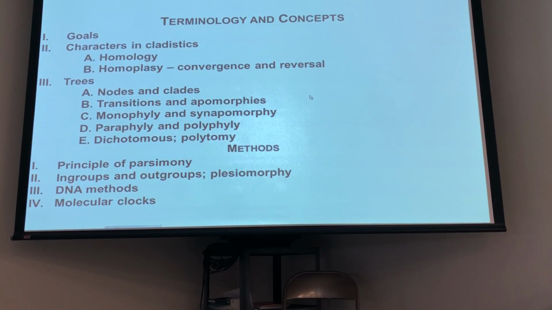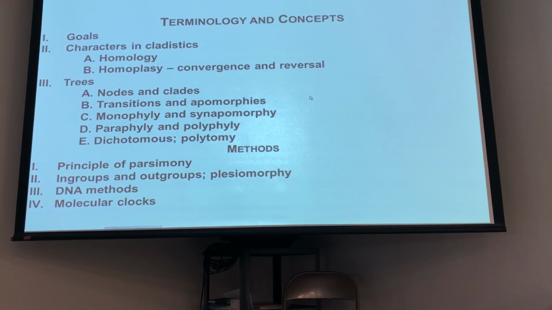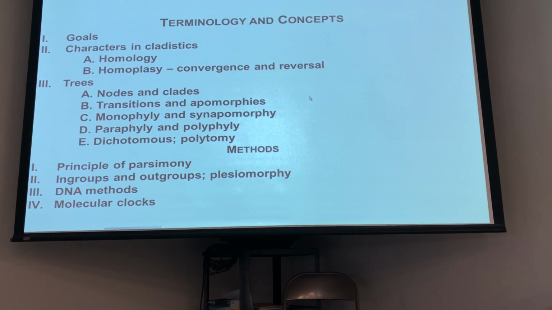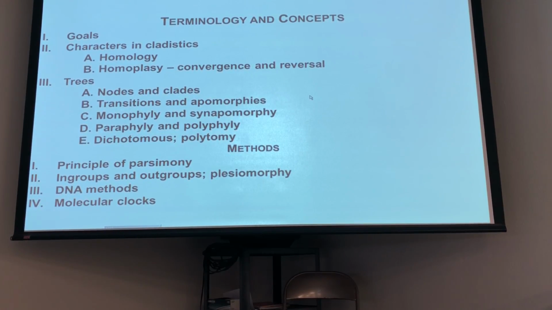In addition to being a heritable trait, the character to be useful has to indicate relationships. What types of similarities among organisms occur because of common ancestry? Is it the homology or the homoplasy? Homology, remember, refers to traits like the forelimbs that we talked about that are similar because of common ancestry.